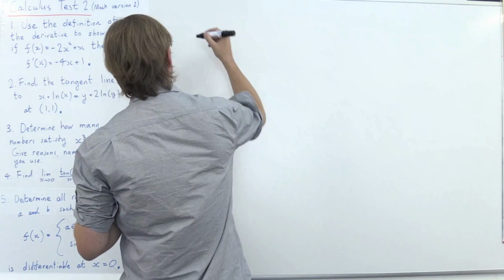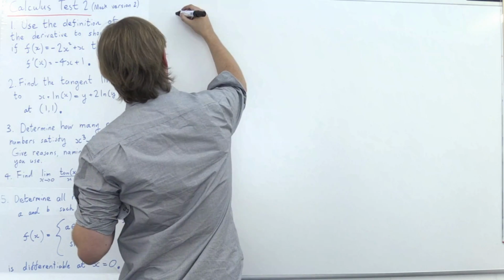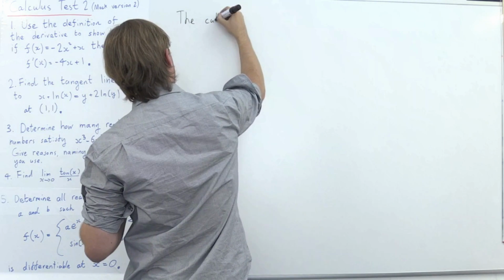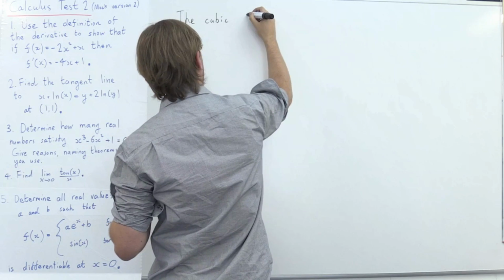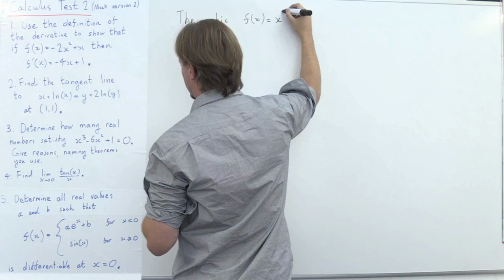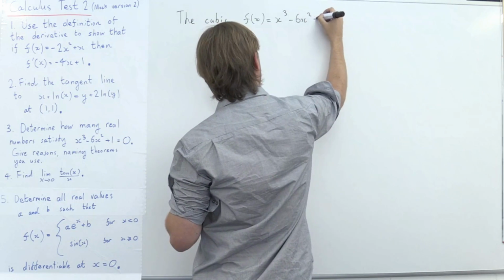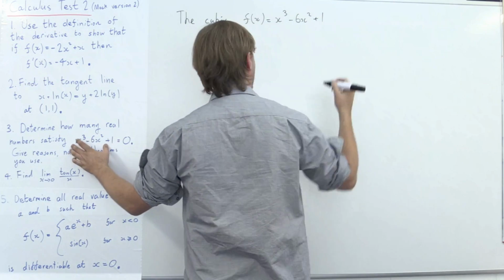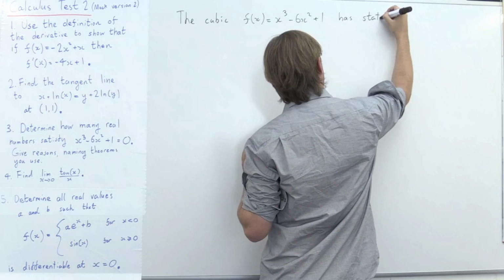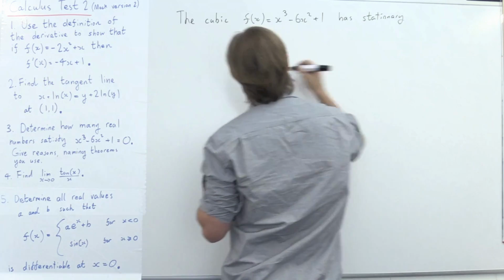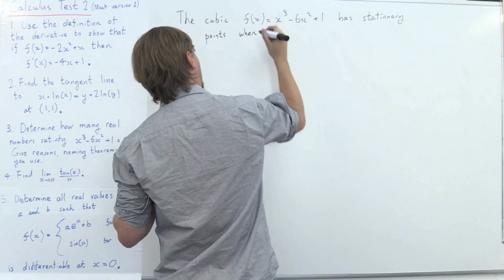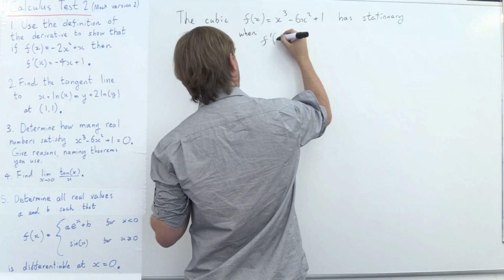Okay. So the cubic. So what is the cubic? If I'm just looking at this as a graph, this cubic has stationary points when f'(x) is 0.